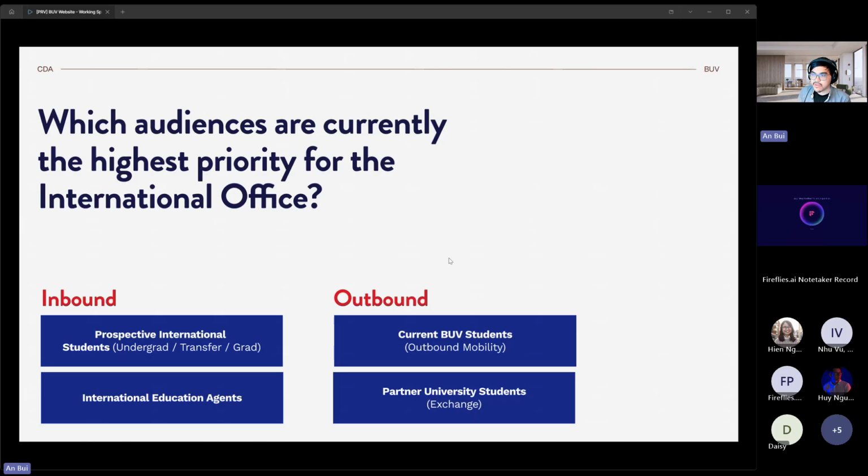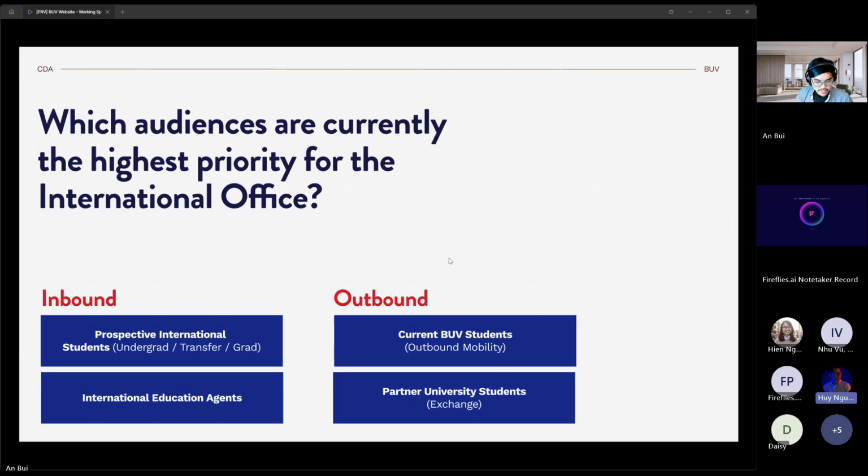For outbound, we're hearing that obviously there are programs to promote current BUV students going abroad to study or to transfer to partnership programs or something like that. But we also hear that there are exchange programs going on. Can you elaborate more on the focus for the audience for the inbound versus the outbound groups?